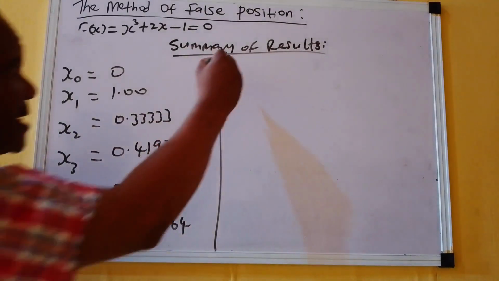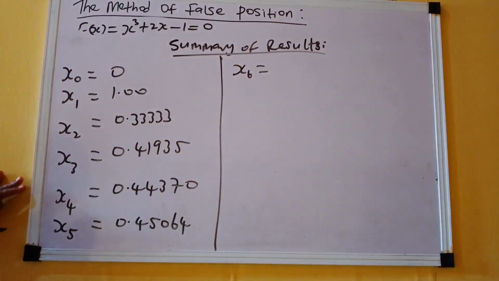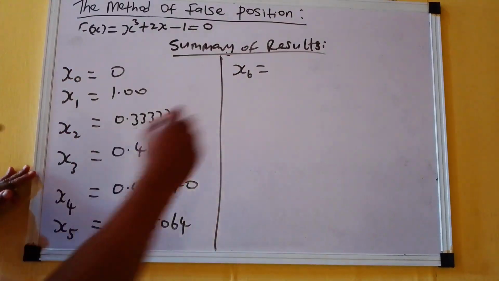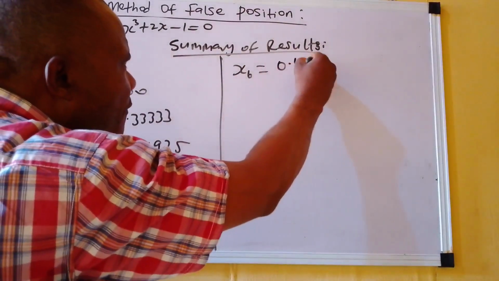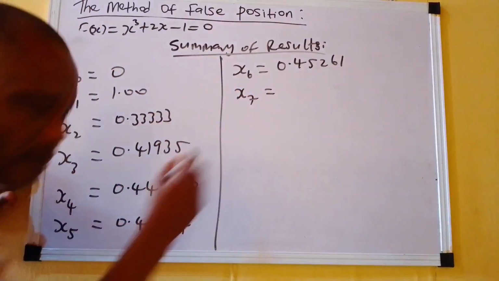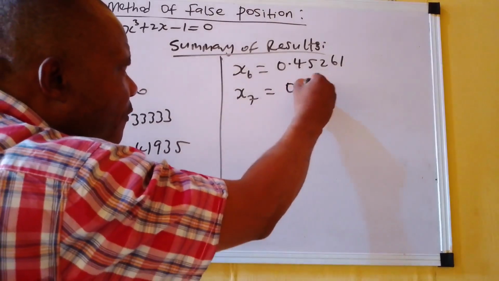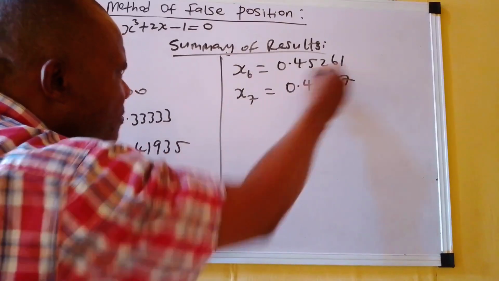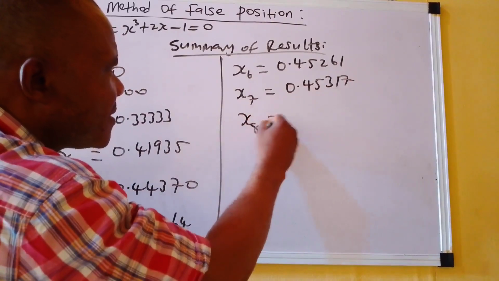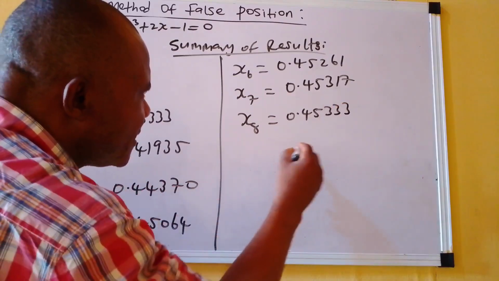Then our x6 is equal to 0.45261. Our x7 is equal to 0.45317, and our x8 is equal to 0.45333.